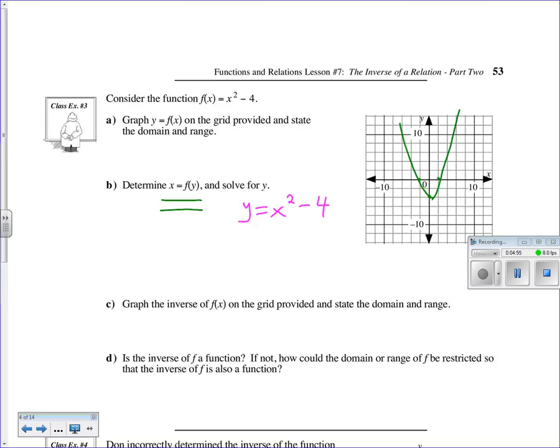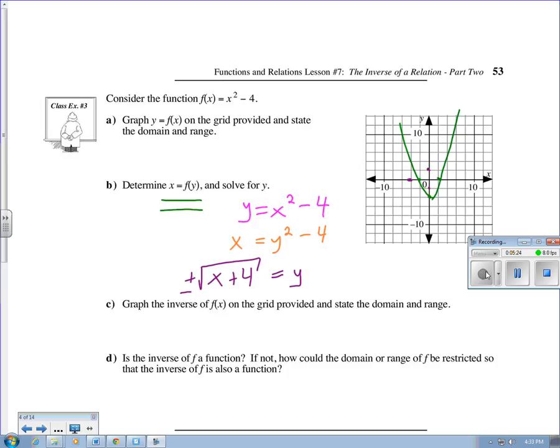And then flip the x and the y. x is equal to y squared minus 4. Then resolve for y. The square root of x plus 4 would be equal to y. But now I actually get to say that it's plus or minus because I don't know.